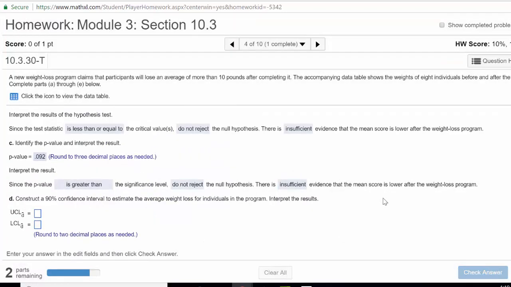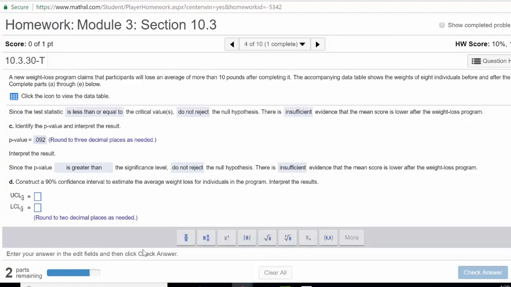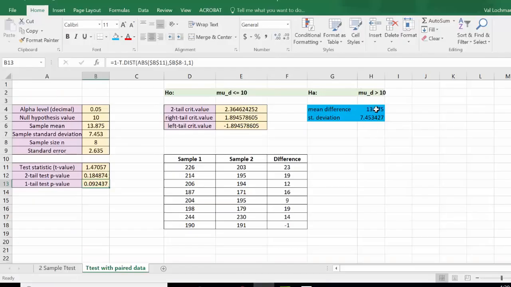Construct a 90% confidence interval to estimate the average weight loss for individuals in the program and interpret the result. So, 90% confidence interval. Here you would do the t interval, with this mean, this standard deviation and the sample size, right?